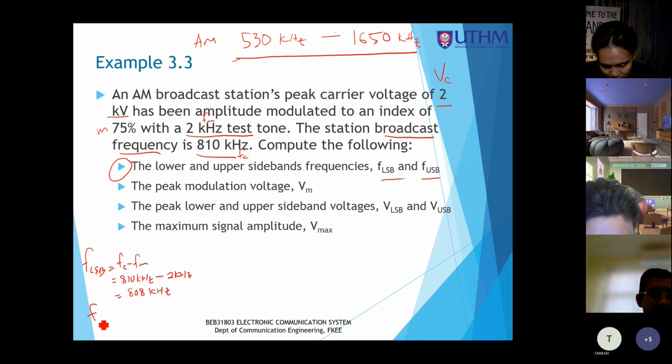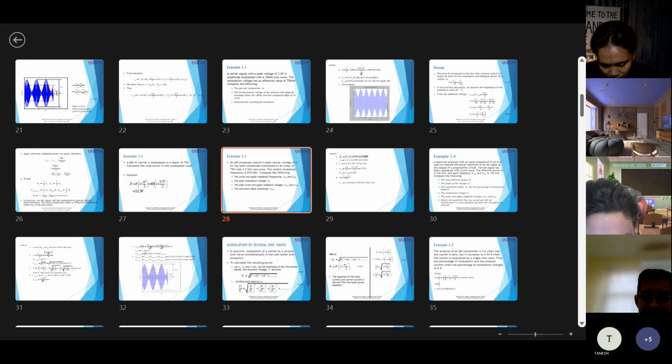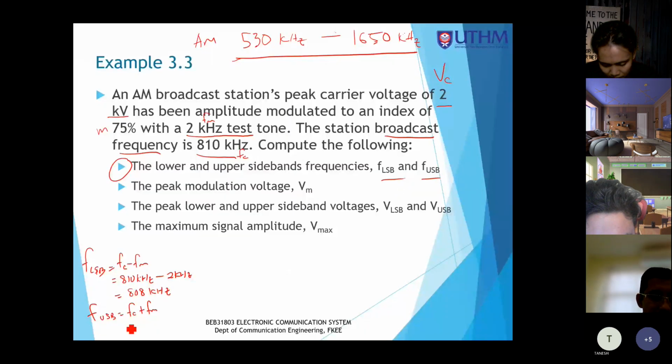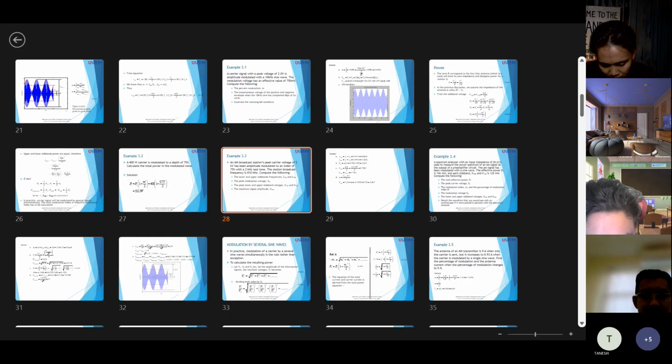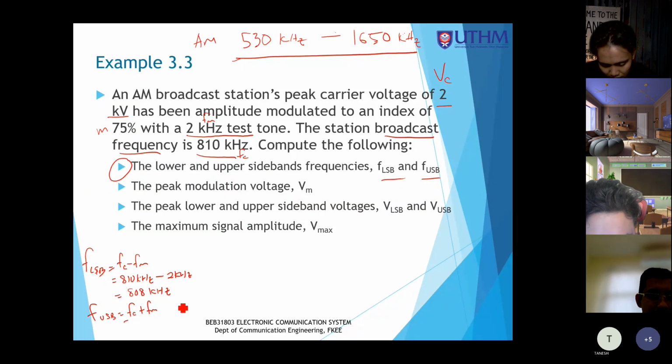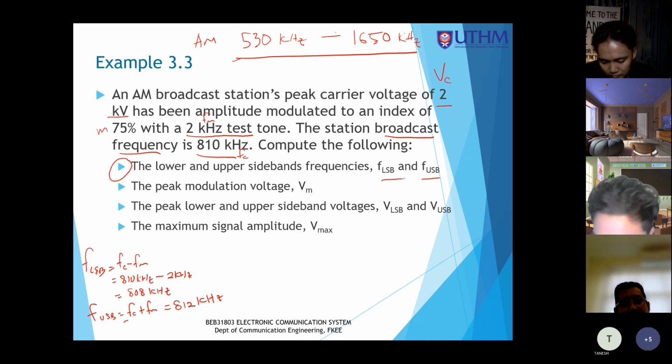Manakala untuk FUSB sama dengan FC plus FM. So kalau you congak, you akan dapat 810 tambah 2 kHz, so you akan dapat 812 kHz. Okay, saya tambahkan untuk upper sideband frequency.